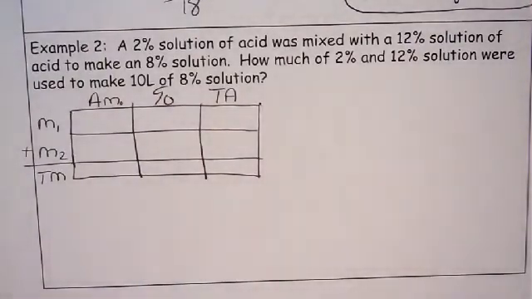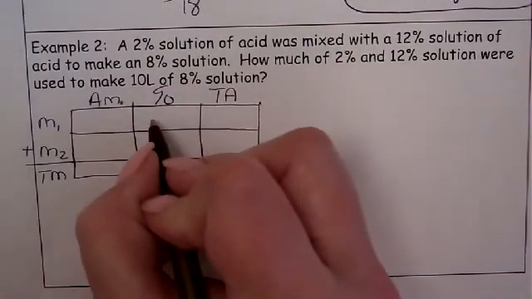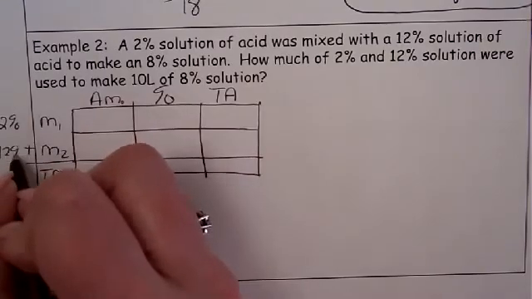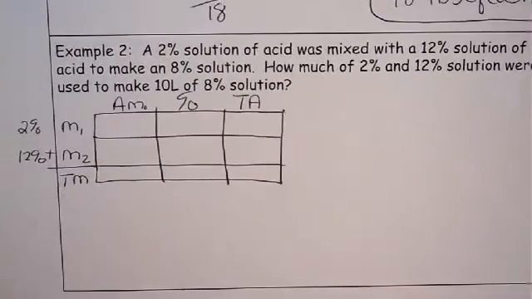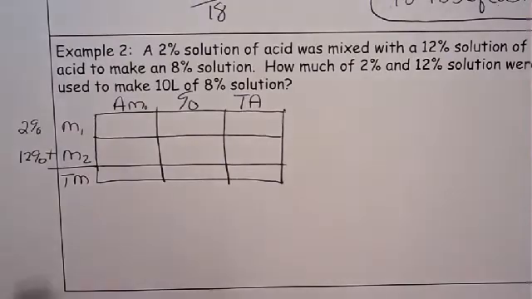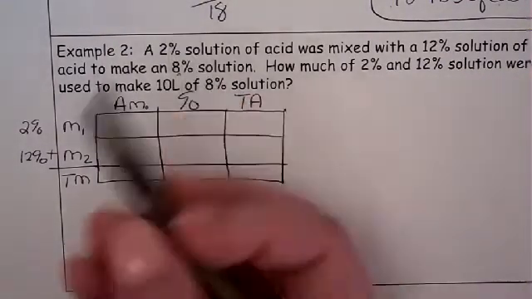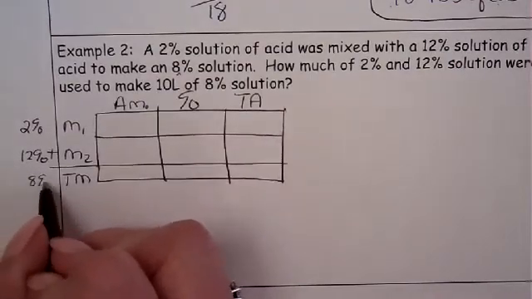Okay. Now, I'm going to go back to my problem right here. It says I have a 2% solution of acid. Okay. It's mixed with a 12% acid. So the two types of acid they're talking about is 2% and 12%. Okay, can y'all see that? And I need to make an 8% solution, don't I? So the total is going to be 8%.